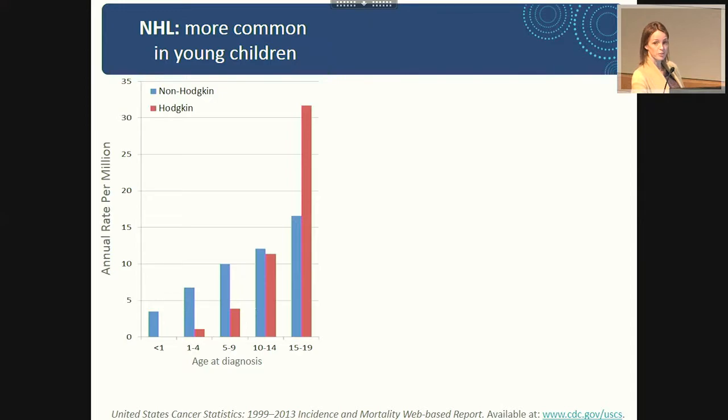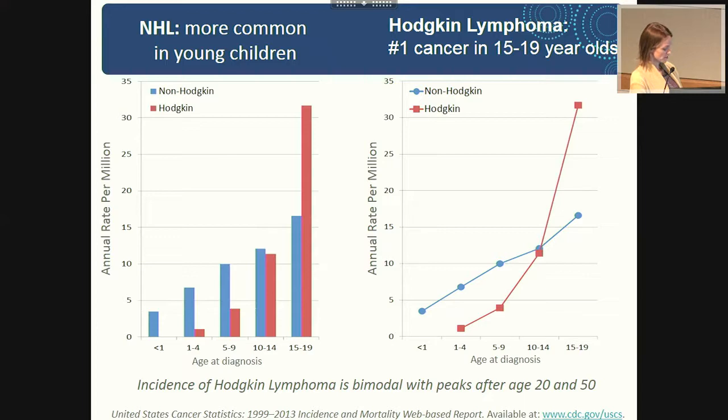If you are presenting with lymphoma, you're much more likely to have the blue non-Hodgkin's lymphoma than the red. So we almost never see Hodgkin's lymphoma in these really young ages. And then once you get to about 10 years of age, they start to overlap. In a 10 to 14-year-old age range, the patient is equally as likely to have Hodgkin's versus non-Hodgkin's lymphoma. And then you see the proportion of Hodgkin's lymphoma go up in adolescent and young adulthood.